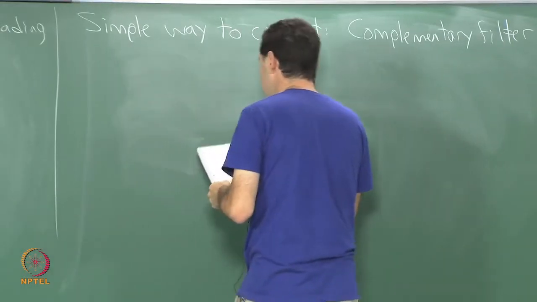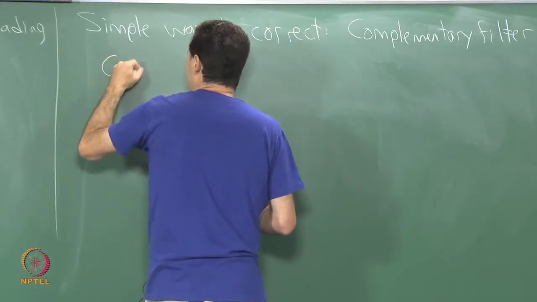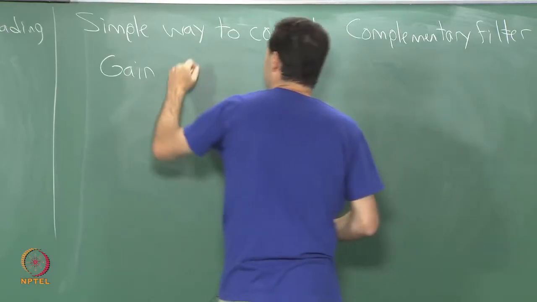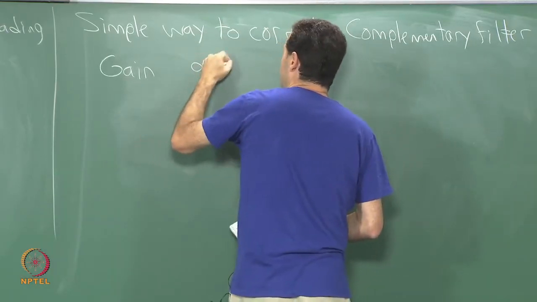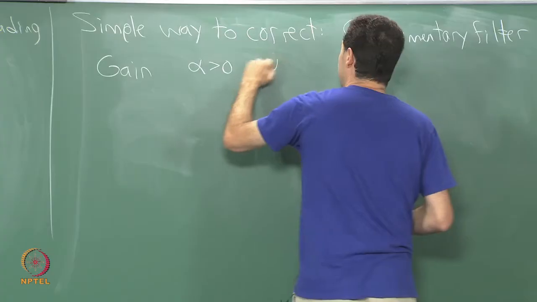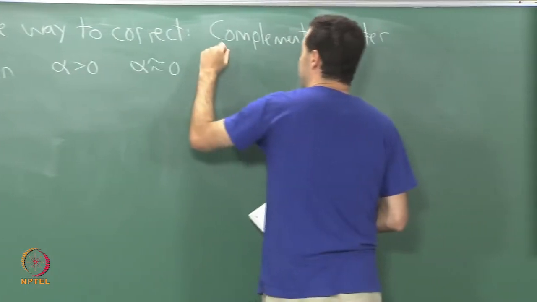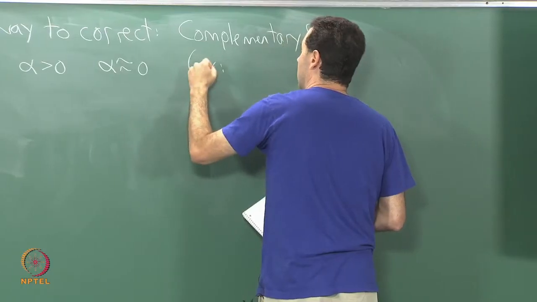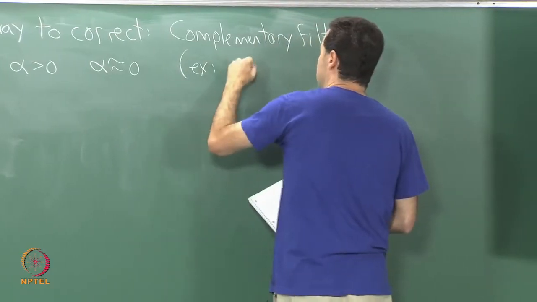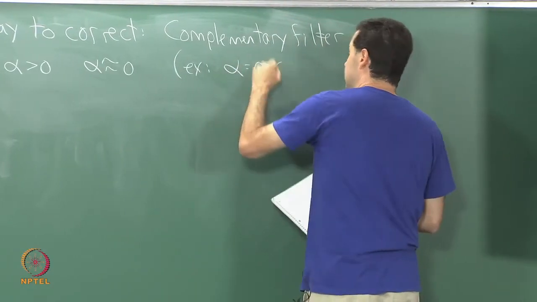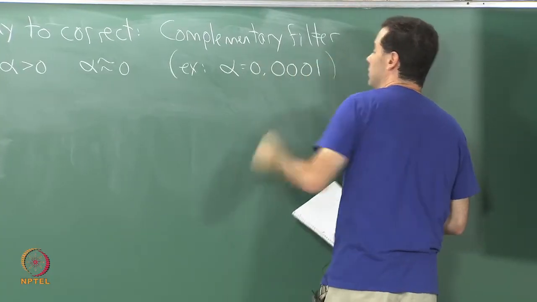In this filter, we will have a gain coefficient alpha greater than 0, but very close to 0, for example, maybe alpha equals 0.0001.